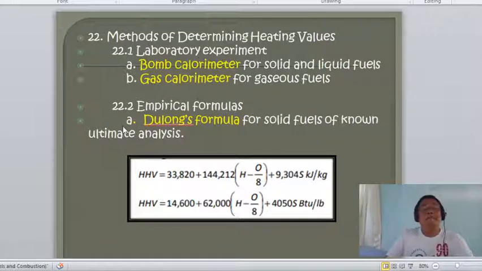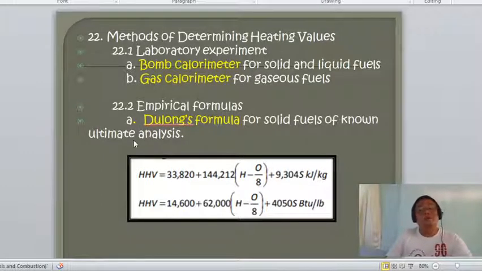Multiplied by C here. So it was omitted. Plus 144,212, this is the heating value of pure hydrogen. So hydrogen minus oxygen over 8.